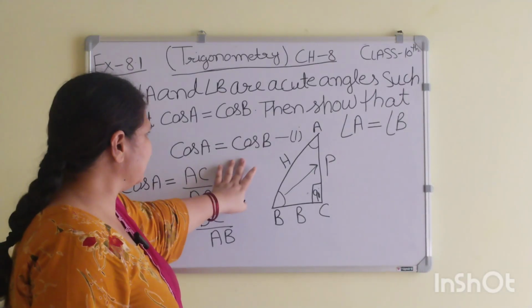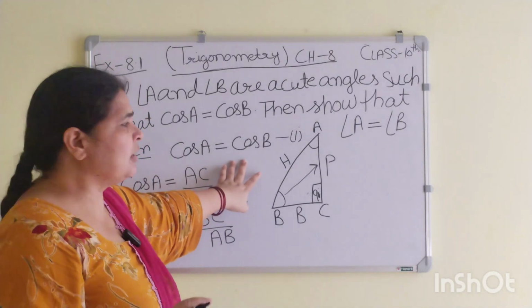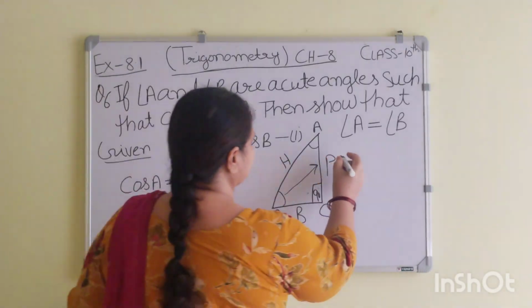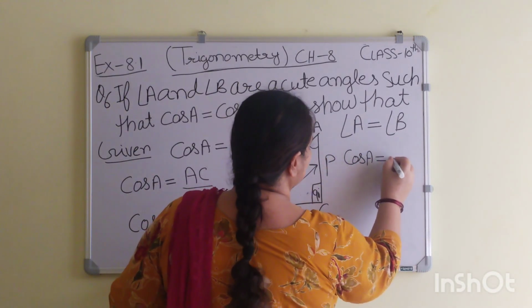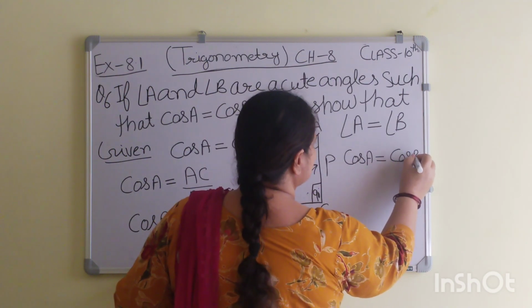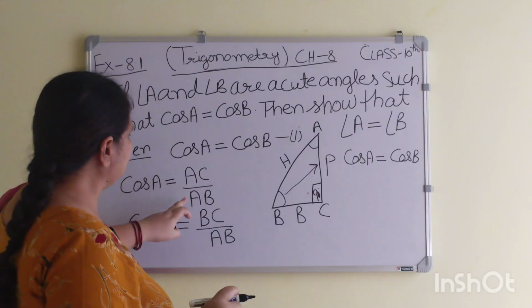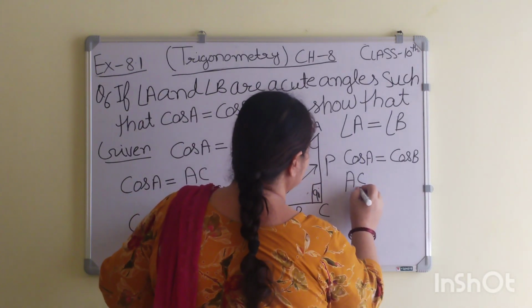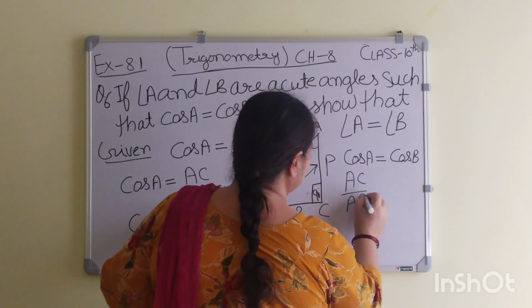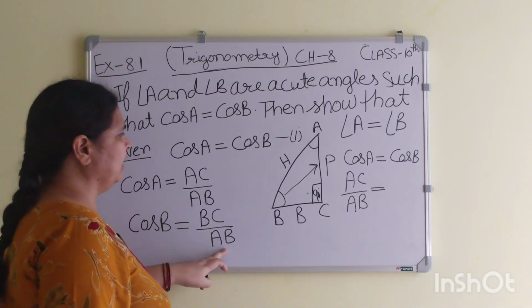Put in the given equation cos A is equal to cos B. So cos A is equal to cos B, and the value of cos A is AC upon AB, so AC upon AB is equal to BC upon AB.